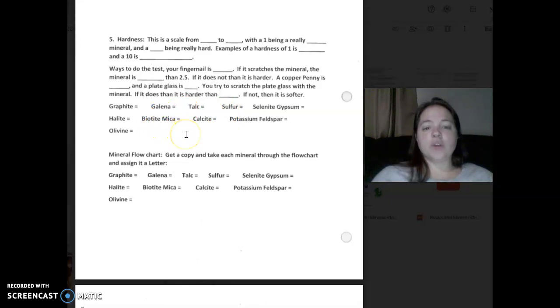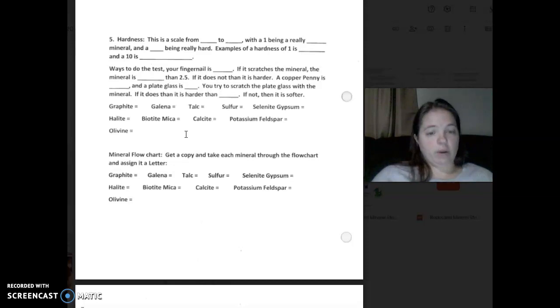So, ways to test. Your fingernail is a 2.5. If it scratches the mineral, the mineral is softer than a 2.5. If it does not, it is harder. A copper penny is 3.5. Glass plate is 5.5. You try to scratch the plate glass with a mineral.